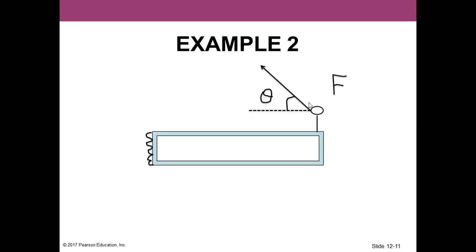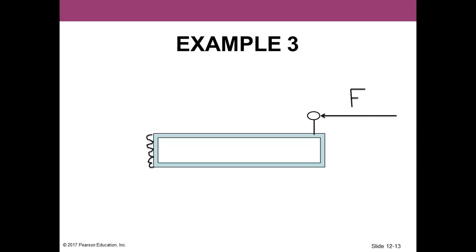The other thing that you can do here, we can resolve the force and get the vertical component and the horizontal. The horizontal component passes through the pivot, so it does not have an effect on the rotation. Just like if you push the door here, it doesn't rotate. It must have a vertical component.